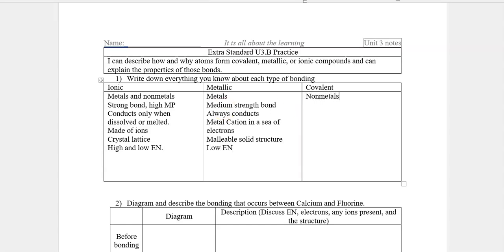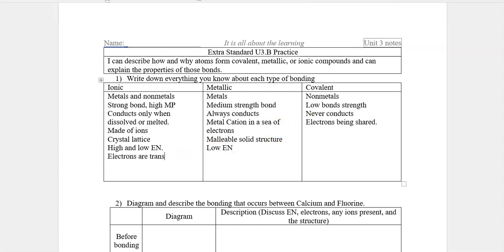Covalent, nonmetals, low bond strength, at least between the molecules. Inside the molecule is actually quite strong, but between the 2 groups of atoms it is very weak. Never conducts, at least almost never. We've got electrons being shared. Oh, let's add the electron behavior here too.